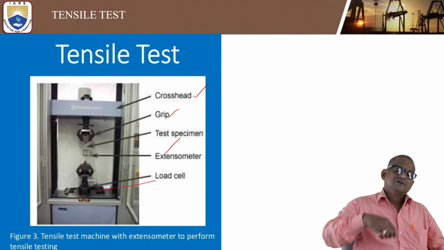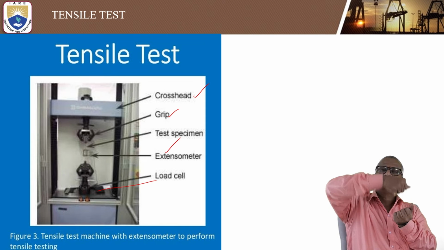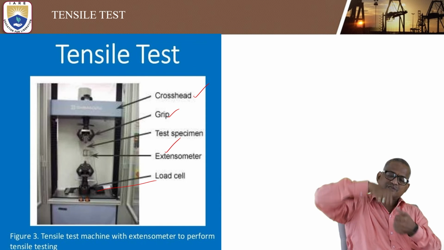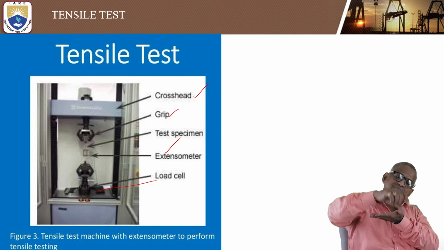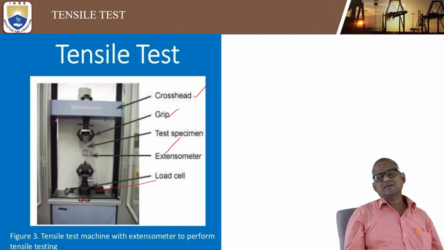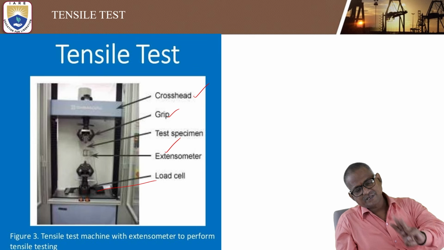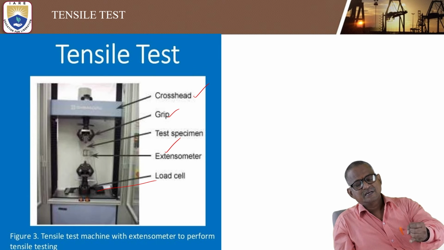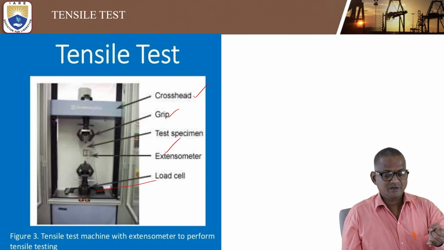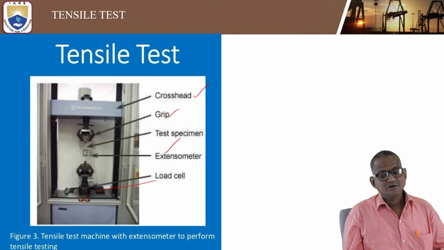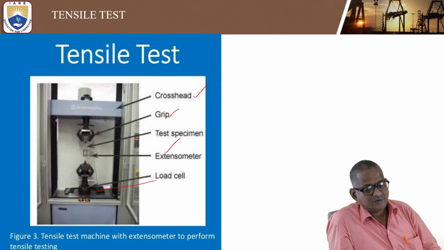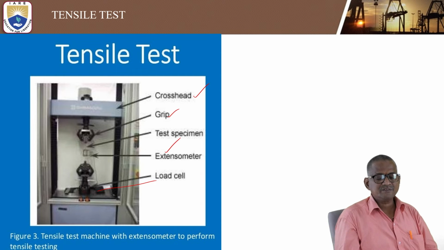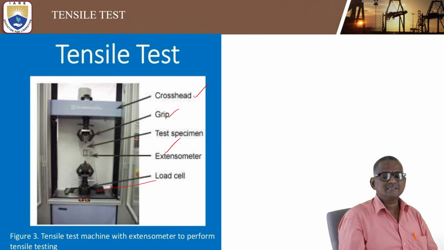In this machine, if you pull both sides oppositely, you need tensile strength, and if you compress, this test machine can perform three different operations, with an extensometer to perform the tensile tests.